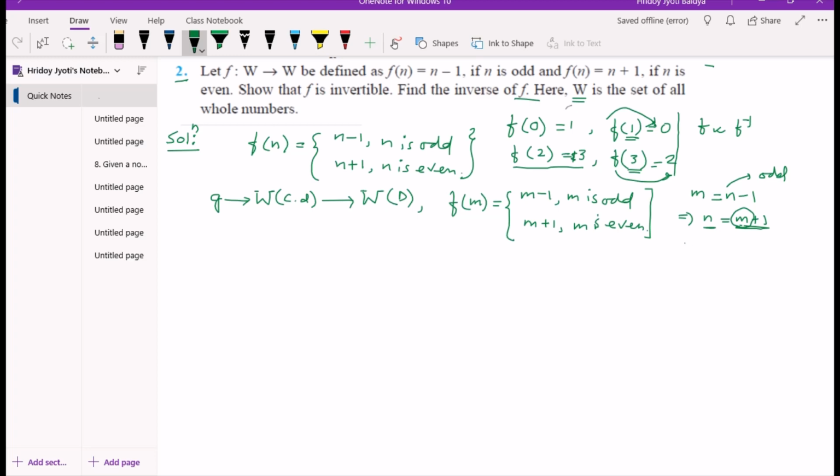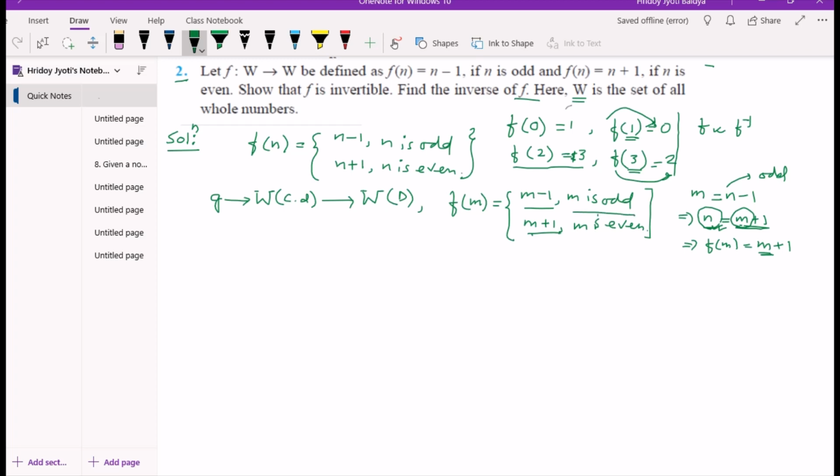So the functional definition is z(m) equals m plus 1, where m is even, because n was odd. If m became odd, then odd plus 1 would become even, but we have already declared that n is odd. Similarly, in the other case we get z(m) equals m minus 1 when m is odd.